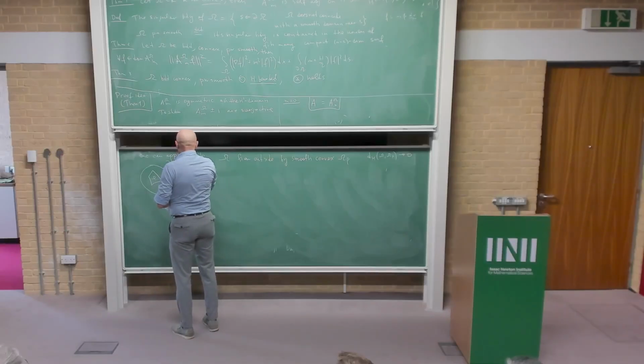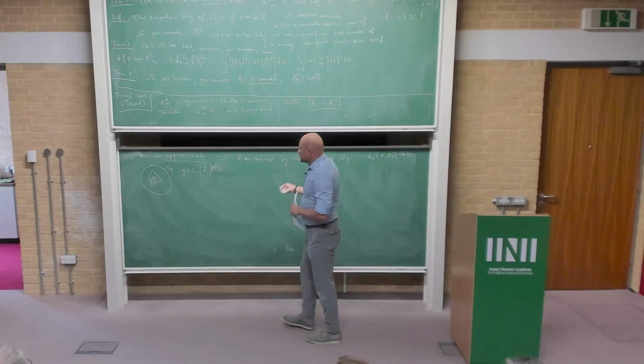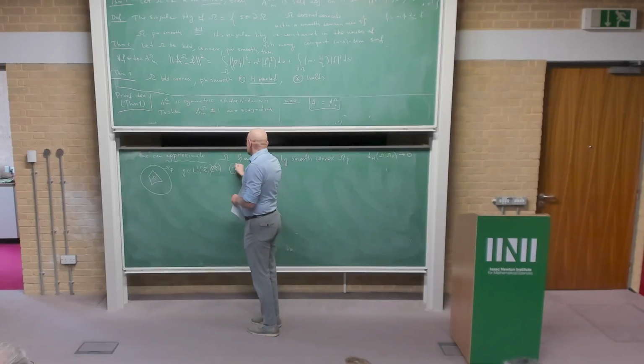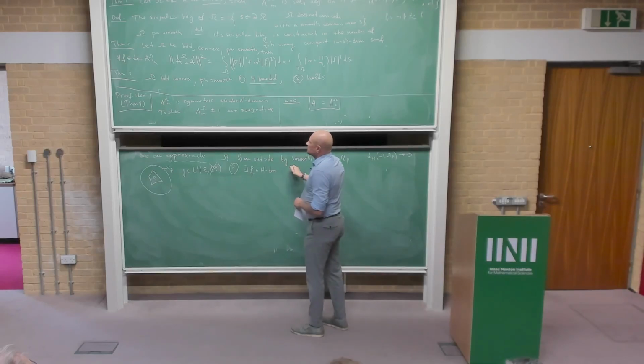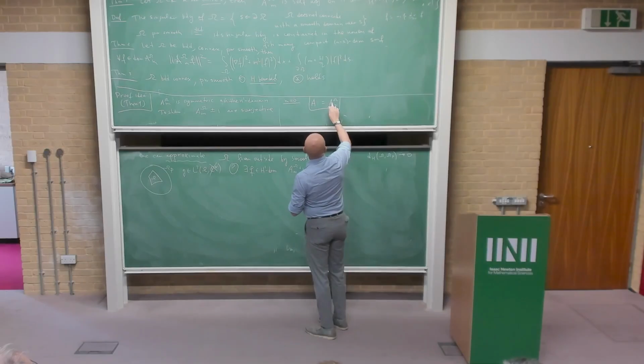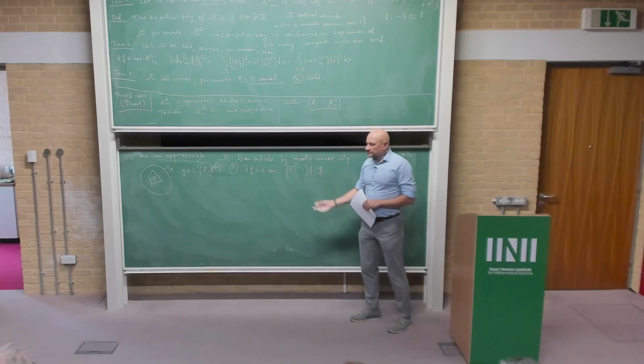Let g be a function in L2(Ω). We need to check if there exists a function f in the H1 domain such that the operator A plus i applied to f is equal to g. This is what I'm going to check.